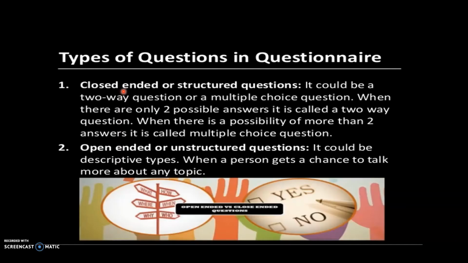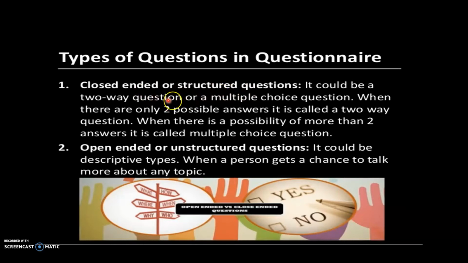So watch the slides. What are the different types of questions in questionnaire? They are close-ended questions and open-ended questions. Then first one, close-ended questions. What do you mean by these close-ended questions? They are easy to use, score, and to codify for analysis because all respondents can choose from the given options.